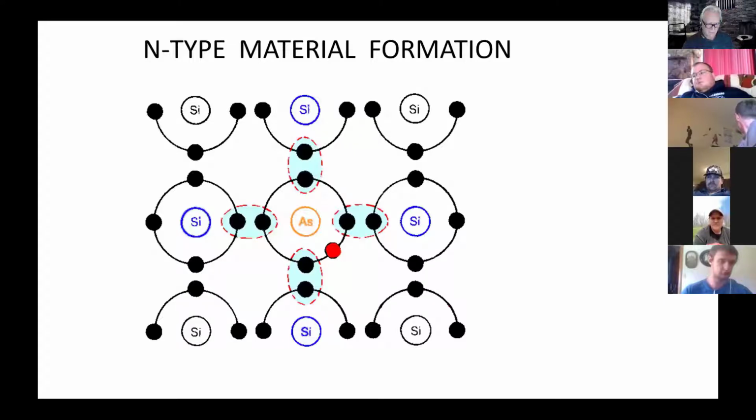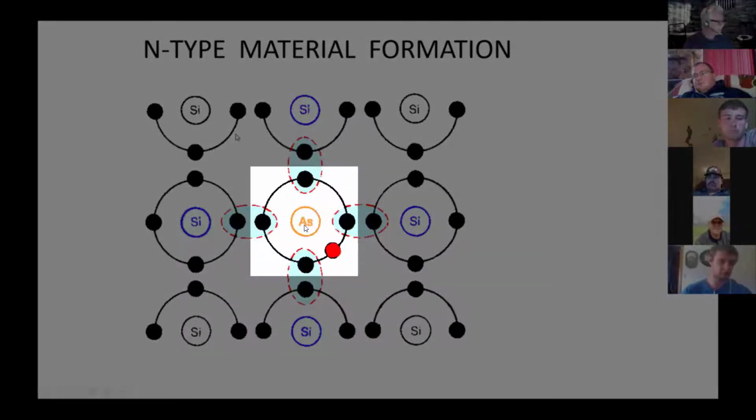So when we talk about semiconductor material, there's 2 different types. There's N-type for negative and P-type for positive. If we take something like silicon, what they've done here is they've taken silicon and introduced an impurity to that mix. This process is called doping. And what that does is affect the electrical characteristics of that semiconductor crystal.